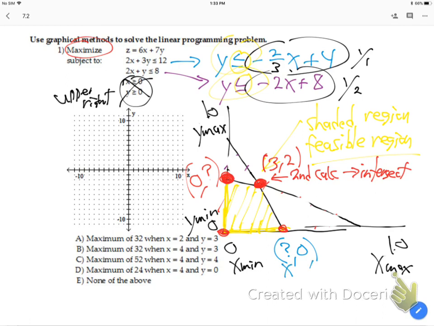This is x, y, x, y. So in other words, when you're on the y-axis, your x is 0. Remember how it's opposite? When you're on the y-axis, your x is 0. When you're on the x-axis, your y is 0. When you're a dot on the x-axis, your y-coordinate is 0. Whenever you're on one of those grid lines, the opposite letter is 0.